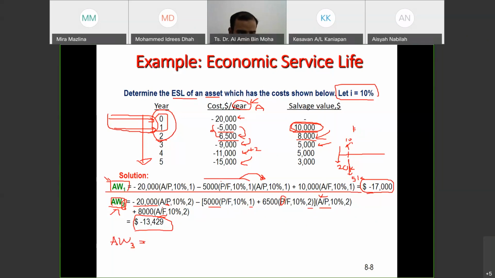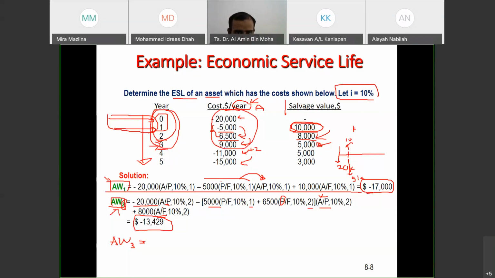So it's going to be longer than this, because for AW3, you need all the information from year 0 to year 3. Okay, so you need all the information here. And then for this one, as I explained just now, we are going to take the current year. So AW3 means that year 3 salvage value.